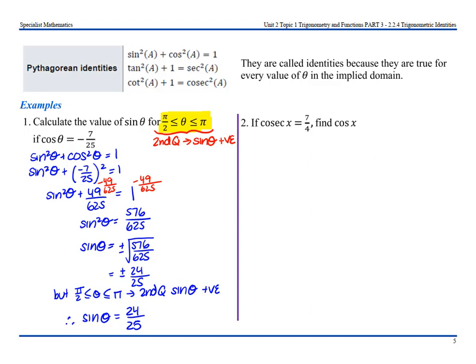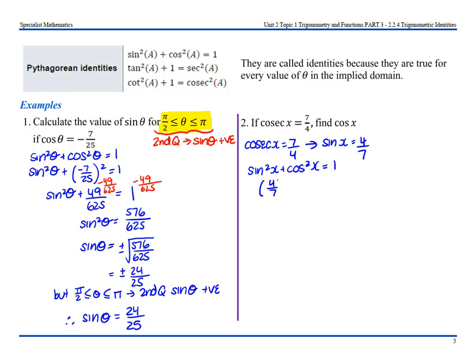Now the second one: if cosec x equals 7 over 4, find cos of x. So if cosec x equals 7 over 4, that means sine x has to be 4 over 7. Our identity, sine squared x plus cos squared x equals 1.